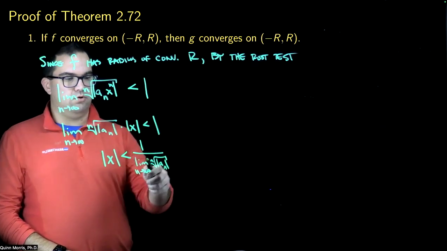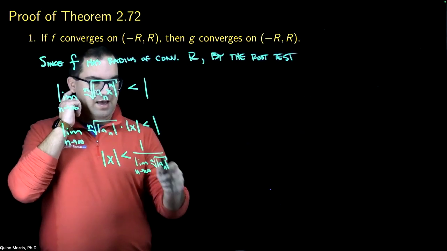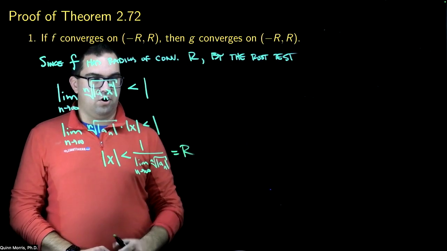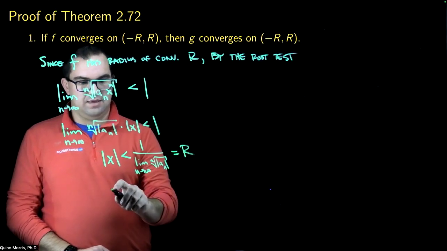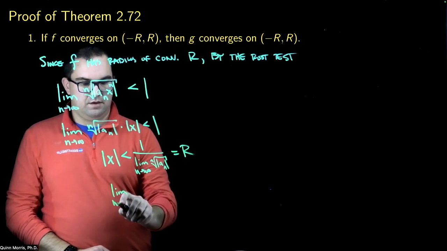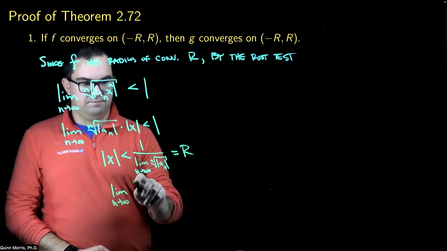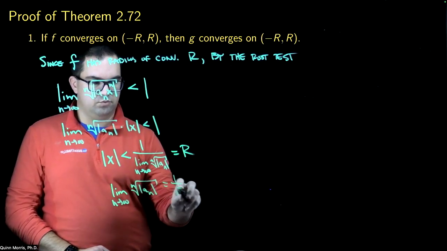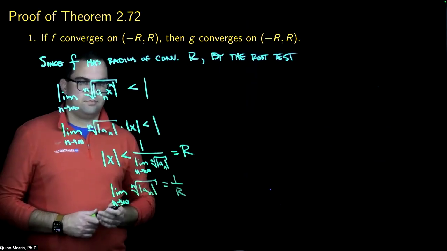Okay, so it must be that if I look at this being equal to r, the limit as n goes to infinity of the nth root of a sub n is 1 over r. All right.